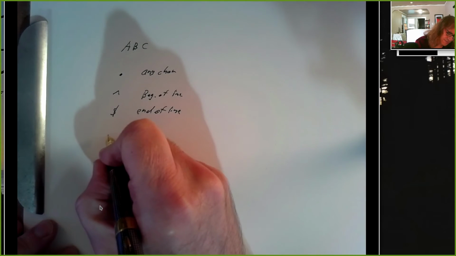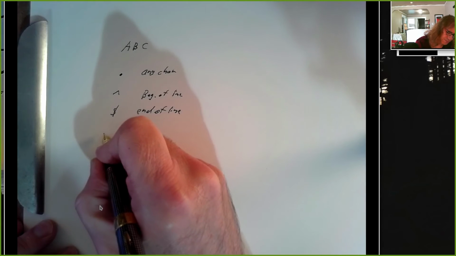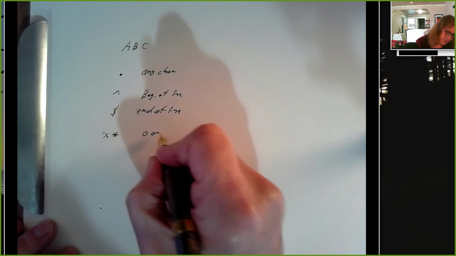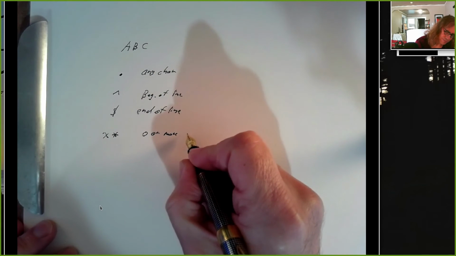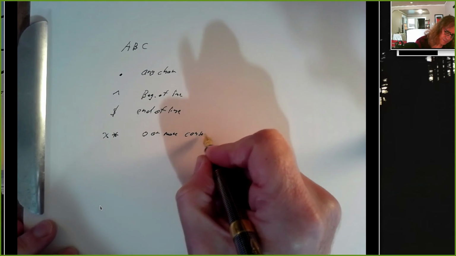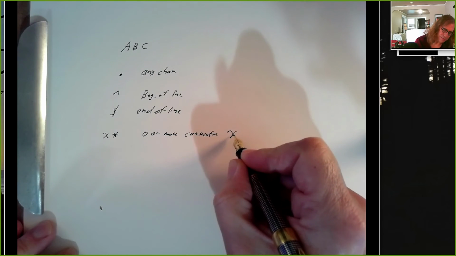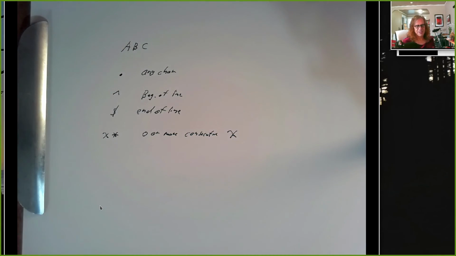If we have something followed by a star, that means 0 or more consecutive whatever this thing was before it. If I say number sign star, it's going to match 0 or more number signs. If I say dot star, it's going to match 0 or more of anything.